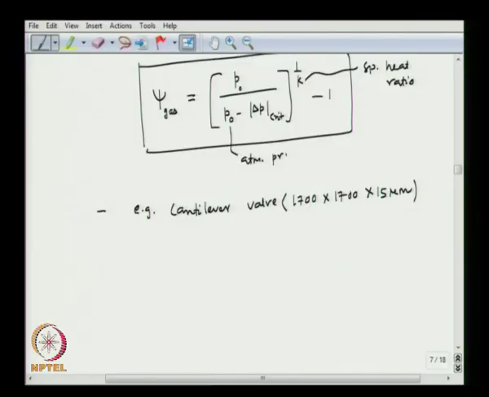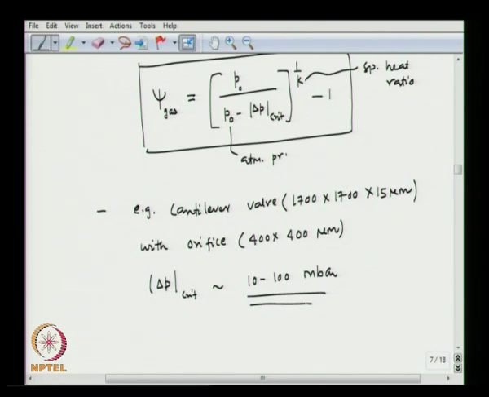So, if you have a cantilever which has 1700 by 15 micron dimension, and the orifice where the fluid tries to get in is 400 by 400 micron, then typically the delta P critical will be of the order of 10 to 100 millibar. So, that is the kind of actuation pressure we are talking about when you are talking about micropumps.